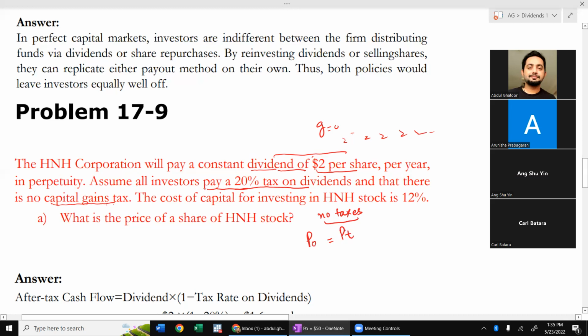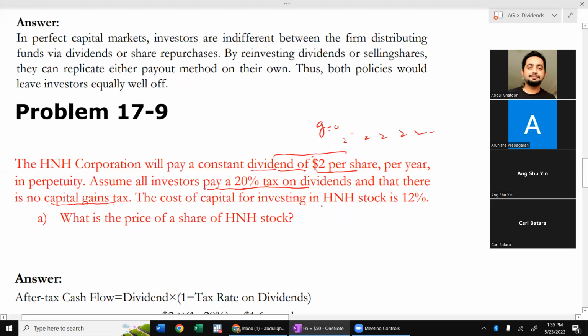Otherwise, if there are taxes on the share repurchase as well, they should not be equal, and we would have to do some more calculations. But if there are no taxes, this is a very straightforward case. So in this question there are no taxes on the capital gain, but there are taxes on cash dividends.